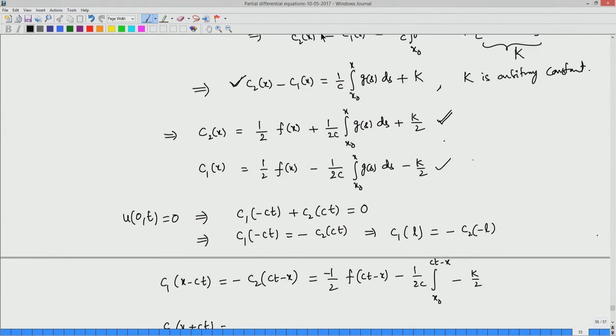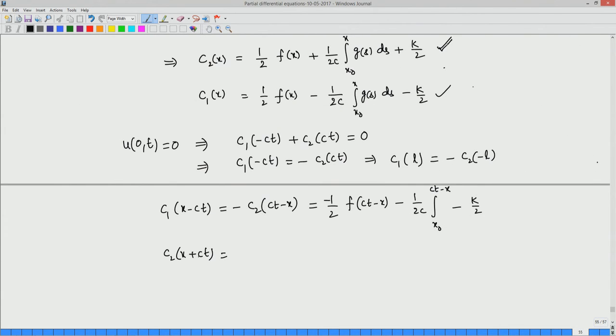So, C2 of x, t you can get directly from here. That is half f of x plus Ct plus 1 by 2c integral from x naught to x plus Ct of g of s ds, and then plus k by 2. This is directly from the same C2.